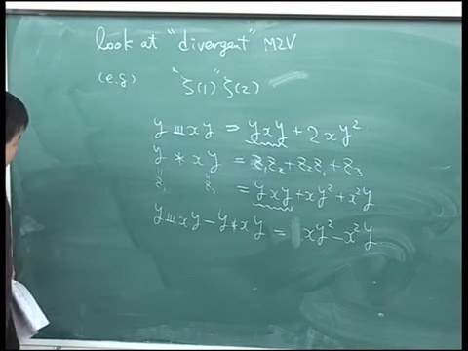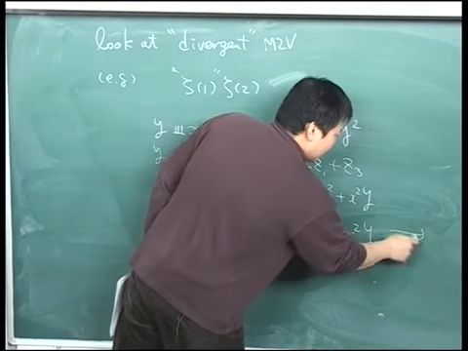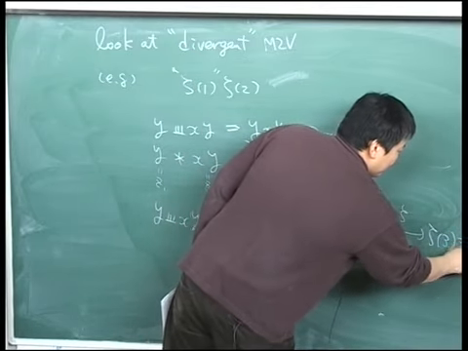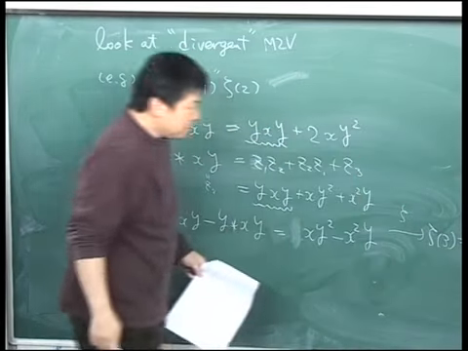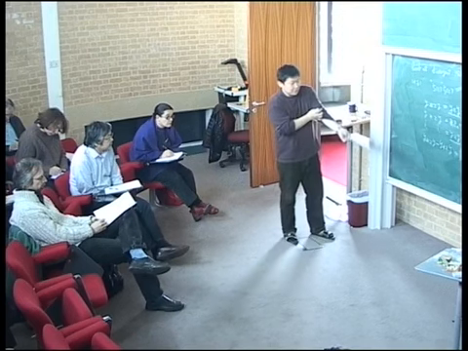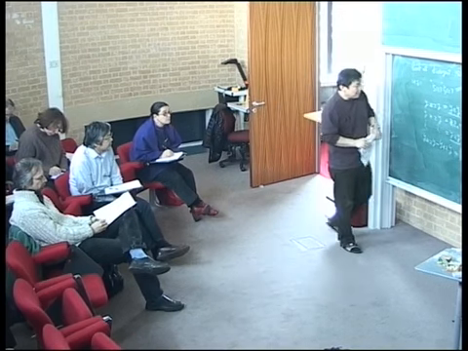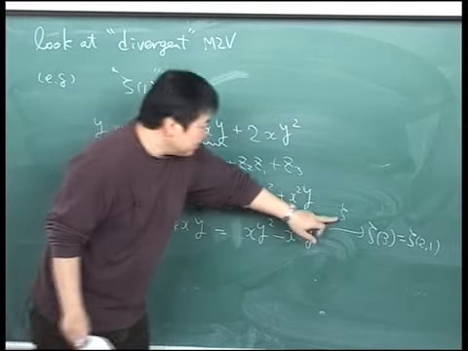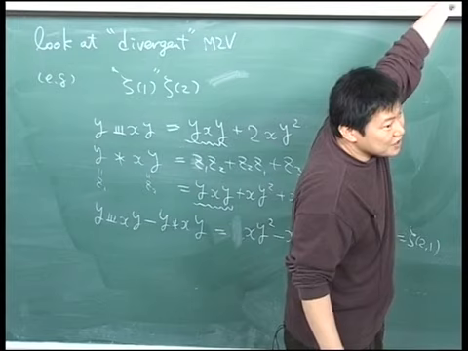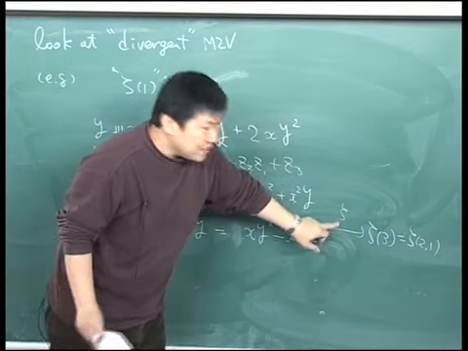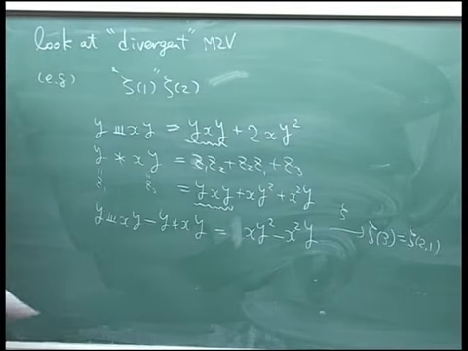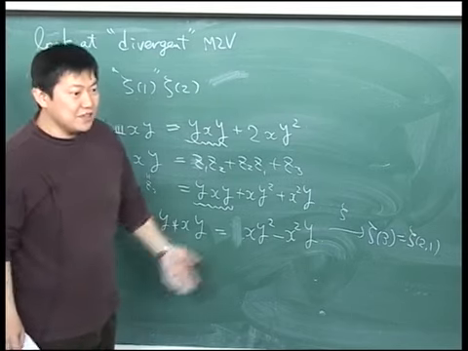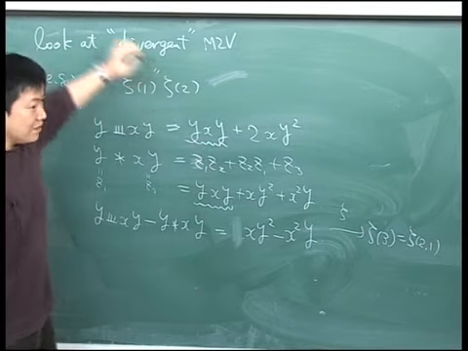Am I correct? So after evaluation, we have the simplest relation, zeta 3 equals zeta 2, 1. I know this discussion is nonsense, because the double shuffle relation never claims this is true. But we can justify this argument by considering the regularization of divergent multiple zeta values.